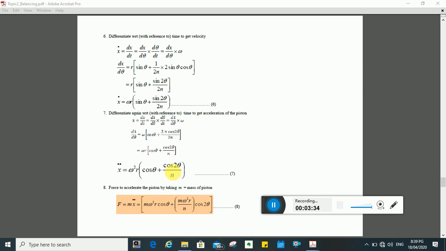So for the force to accelerate the piston, taking M as the mass of the piston, generally F equals ma, but in this formula we can say M times X double dot. X double dot represents the acceleration, so F equals M omega squared R cos theta plus M omega squared R divided by n times cos 2 theta.